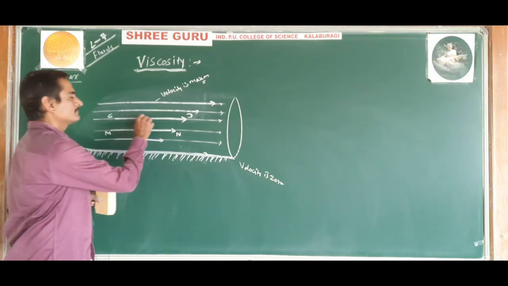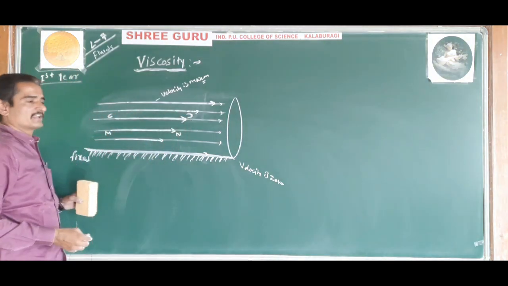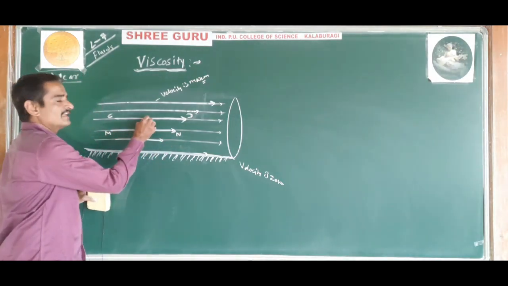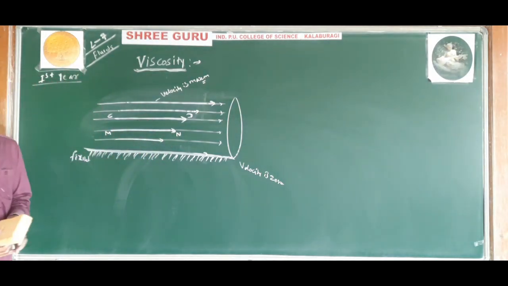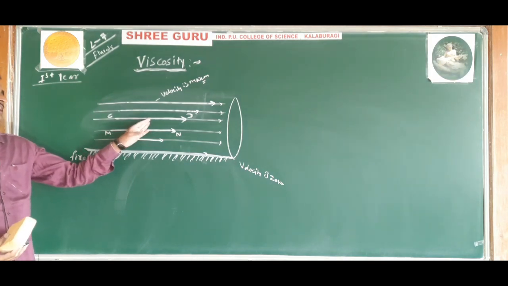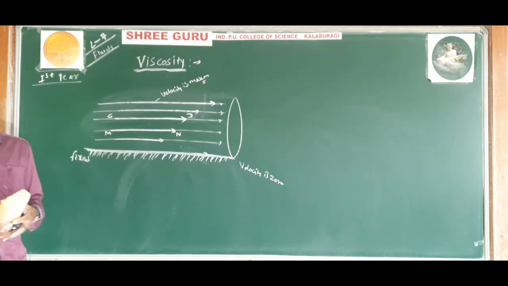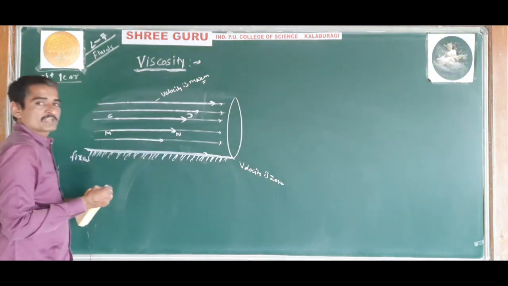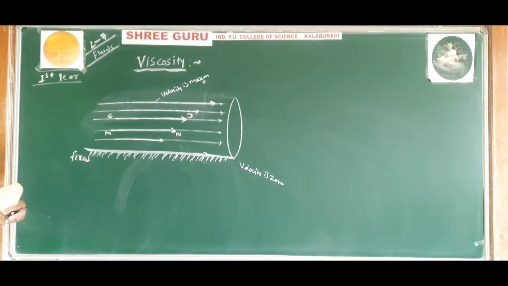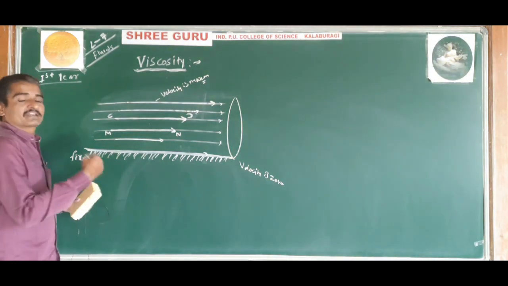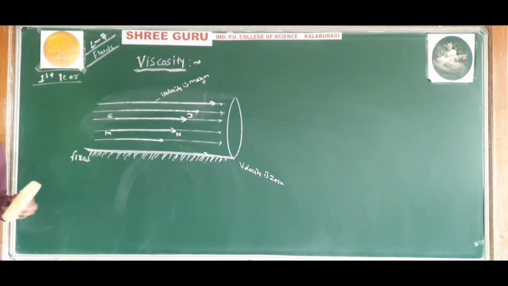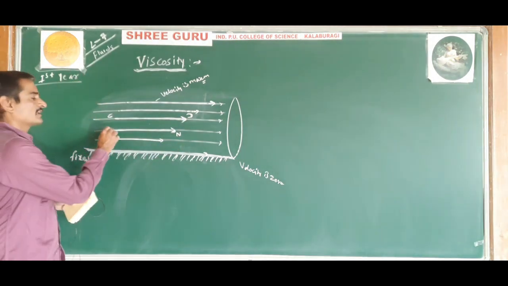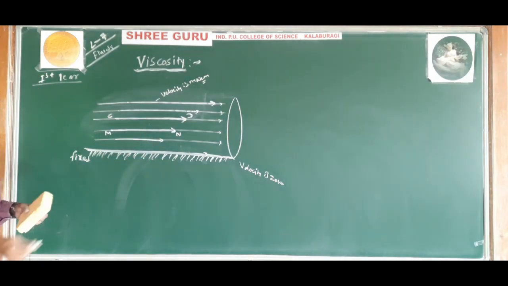The layer CD, moving with a larger velocity, tries to accelerate the layer MN, whereas the layer MN, moving with less velocity, tries to retard the layer CD. Understood the retard? So the layer MN tries to retard the layer CD.